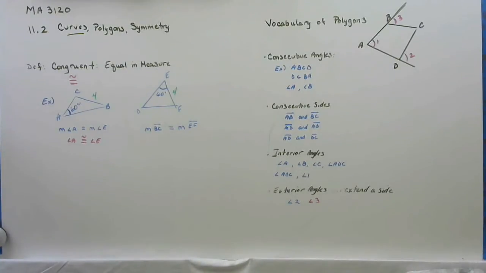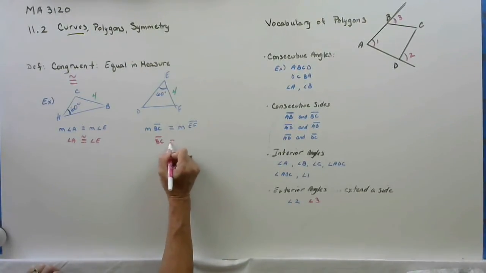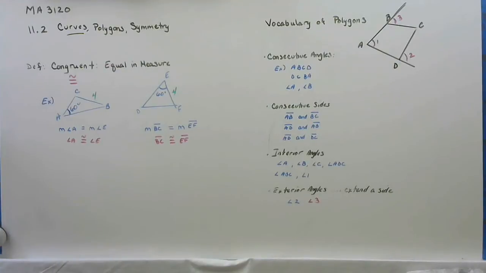But instead of having to say all of that, I could say that side BC is congruent to side EF because they have the same measure. All right?